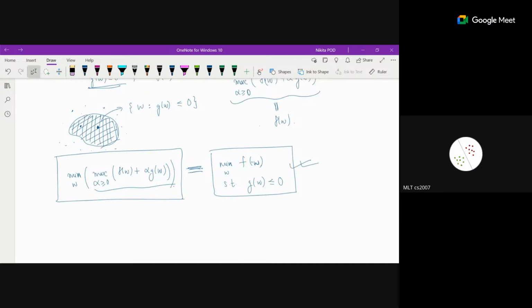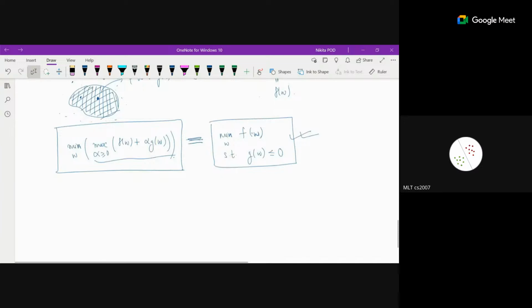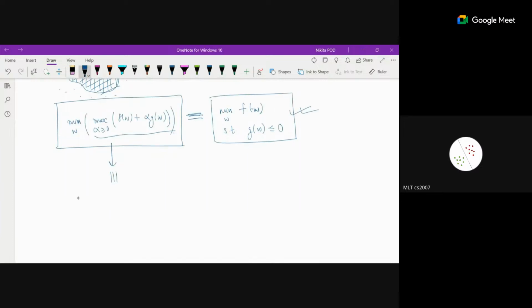From the convex duality, if my functions f and g are both convex, then this can equivalently be written as max over alpha greater than or equal to 0, min over w of f of w plus alpha g of w.